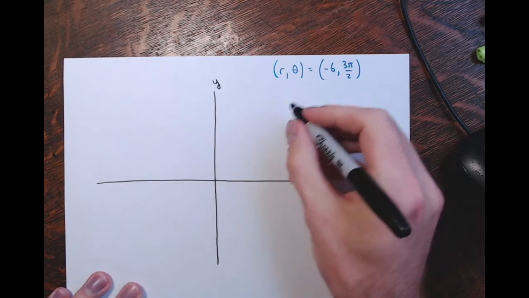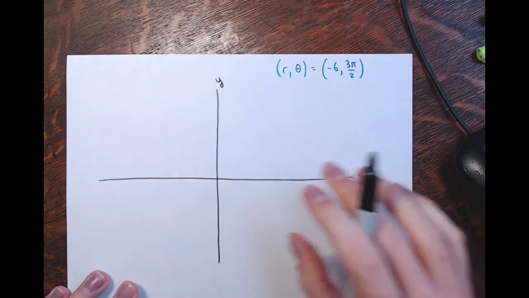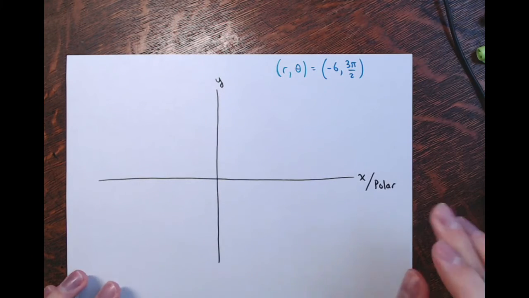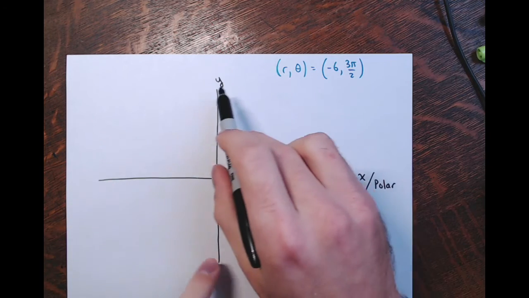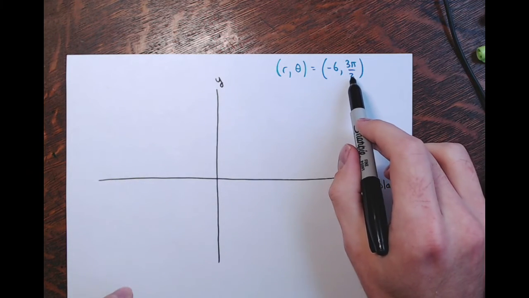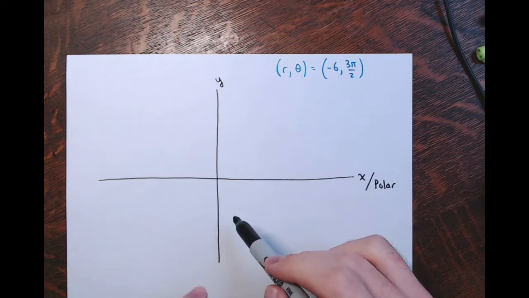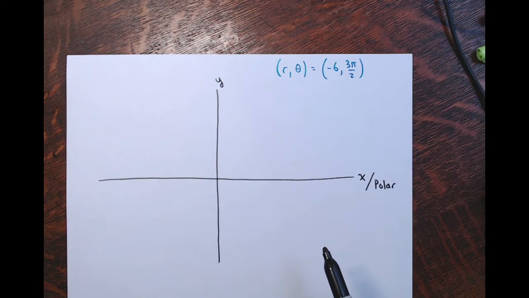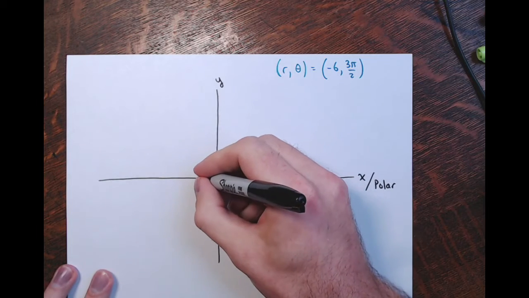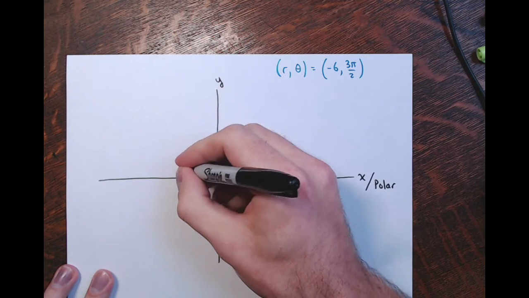One way to do it, and a way I like, is you could do one of two things. You could take the polar axis and rotate the entire polar axis positive 3 pi over 2 radians, and then see where -6 would end up. Or you can go to -6 on the polar axis.